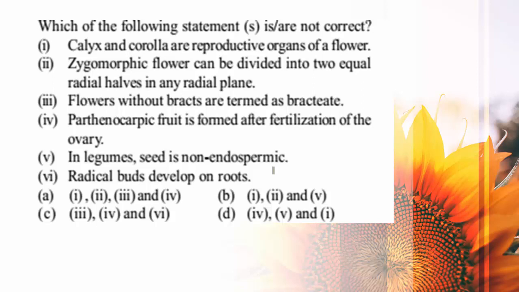The wrong statements are: the first statement is wrong, the second statement is wrong, the third is wrong, and even the fourth is also wrong. So, which one is the option for this one? Option A is the right answer for the identification of wrong statements.